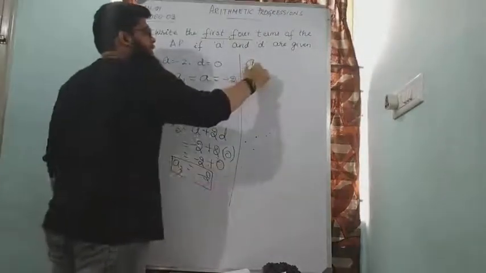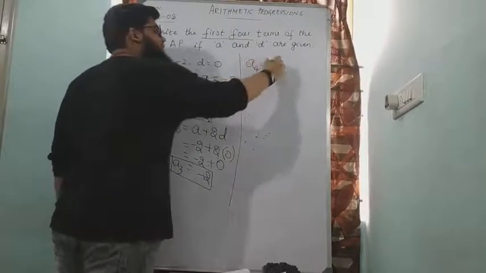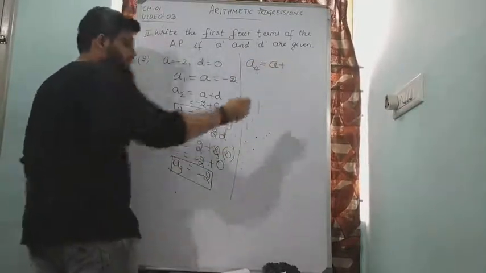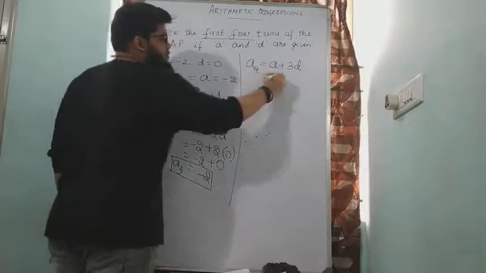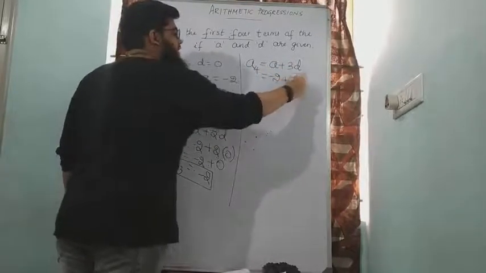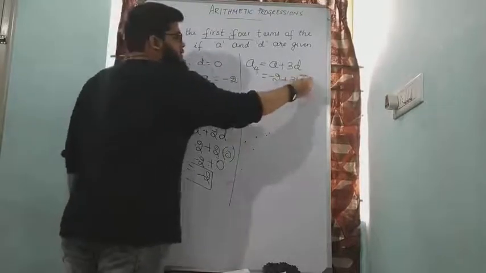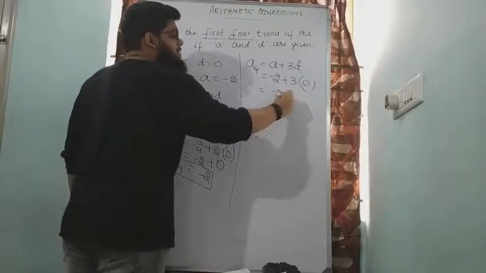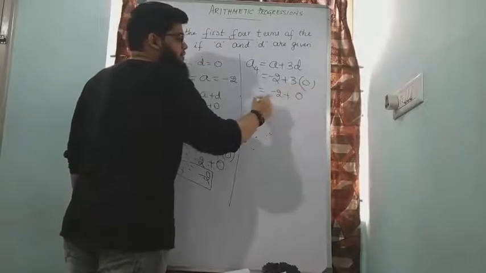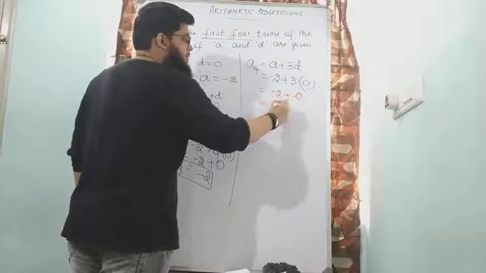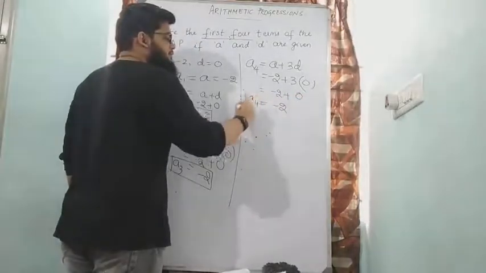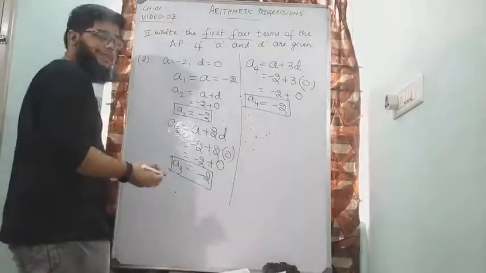Let us find out A4. A4 is A plus 3D. The value of A is -2 plus 3 into the value of B is 0. -2 plus 3 into 0 is 0, minus into plus is minus, and -2 plus 0 will be -2 again, and that is the value of A4.